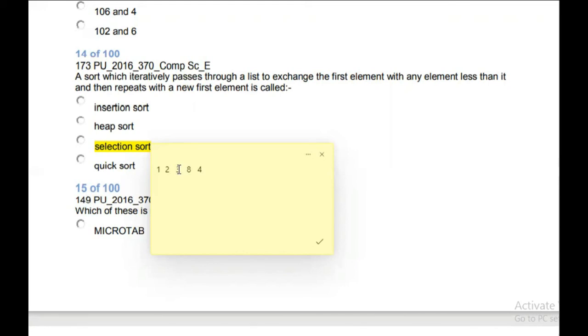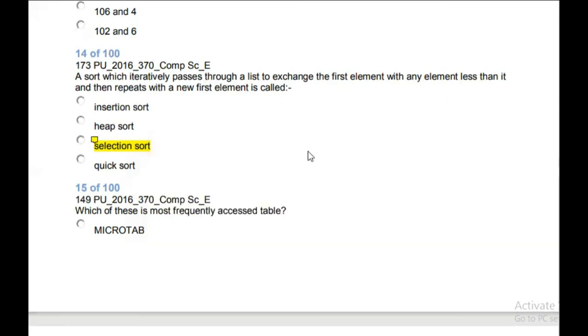So we remove the third element and select the fourth element, that is 8. 8 is compared to 4, so 4 is smaller, so swap the values. 8 would be here, 4 would be here, and now our elements are sorted. This is selection sort.